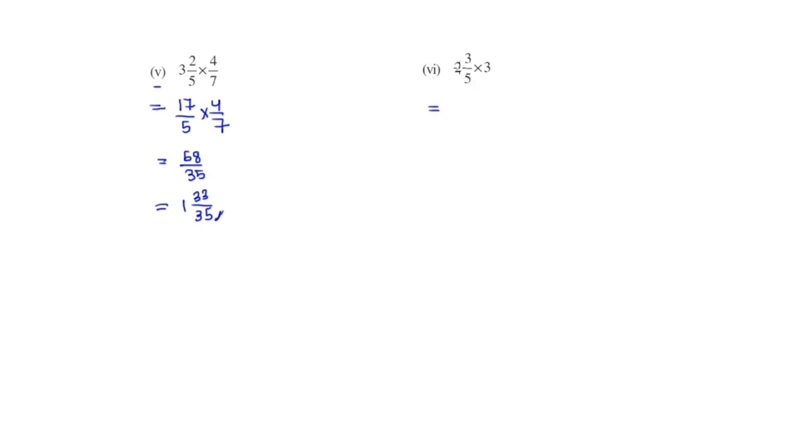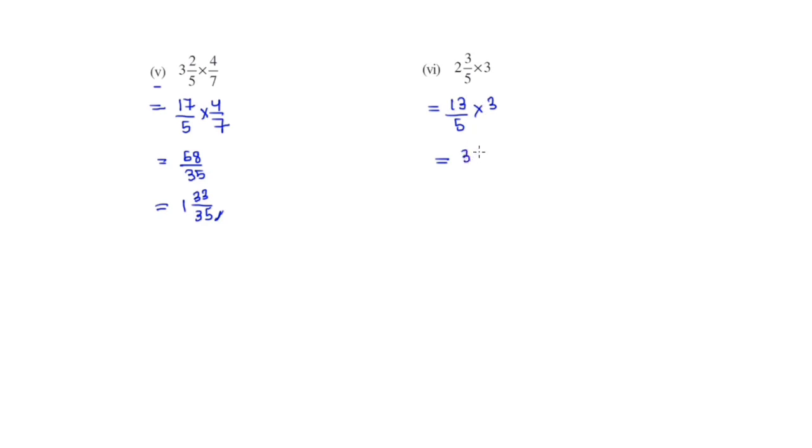Now if we look at this question, again 5 times 2 is 10, 10 plus 3 is 13, so we will write it as 13 over 5 times 3. Now you know how to multiply a fraction with a whole number.